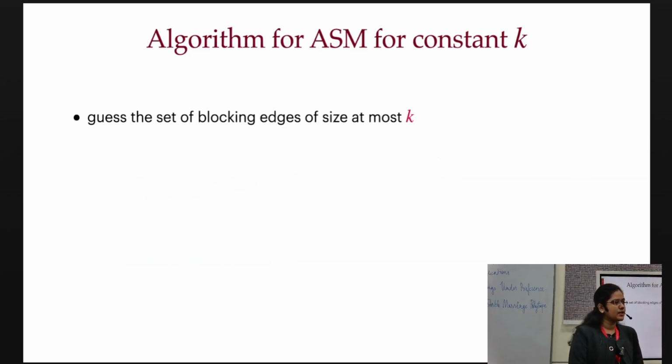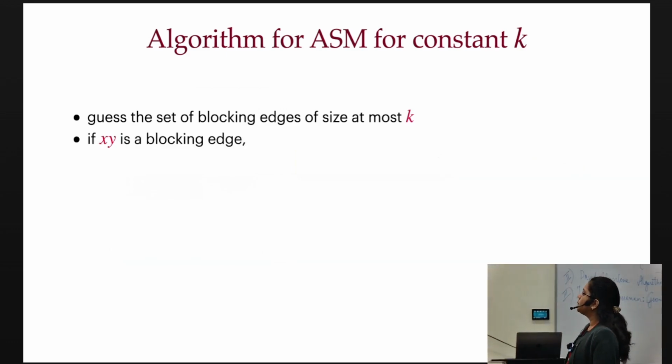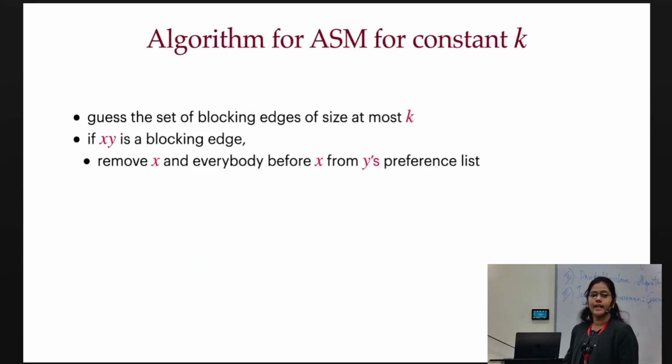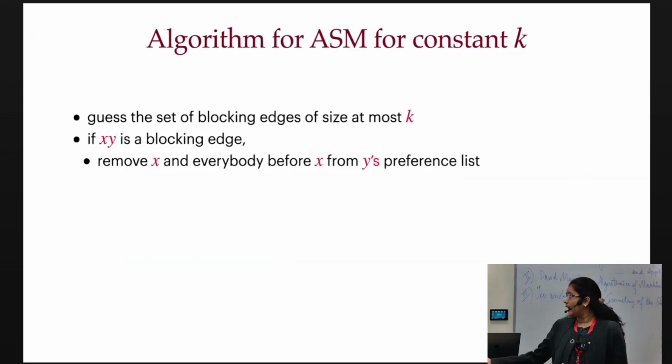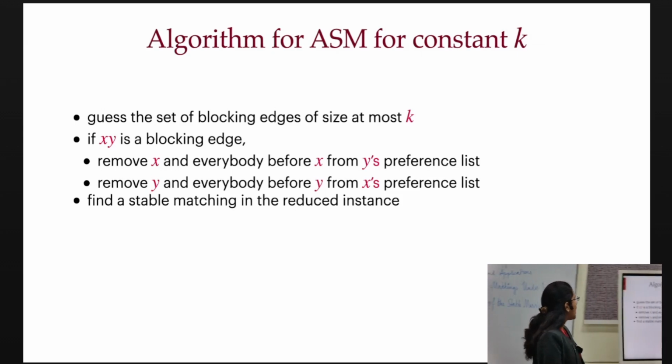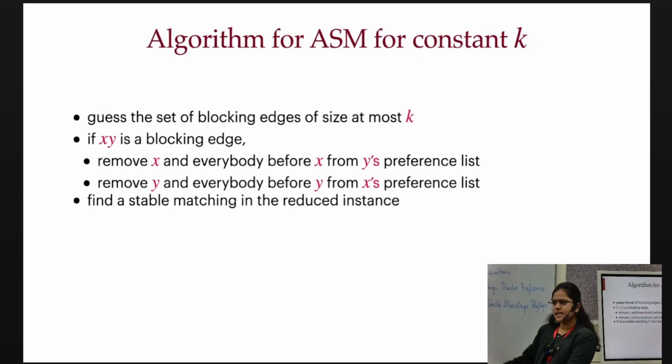The number of edges is at most n square. And then if xy is a blocking edge, you remove x and everybody before x from y's preference list, and similarly you prune x's preference list, and after that you just find a stable matching in the reduced instance. So, if I do not tell you that k is constant here, still the algorithm works.